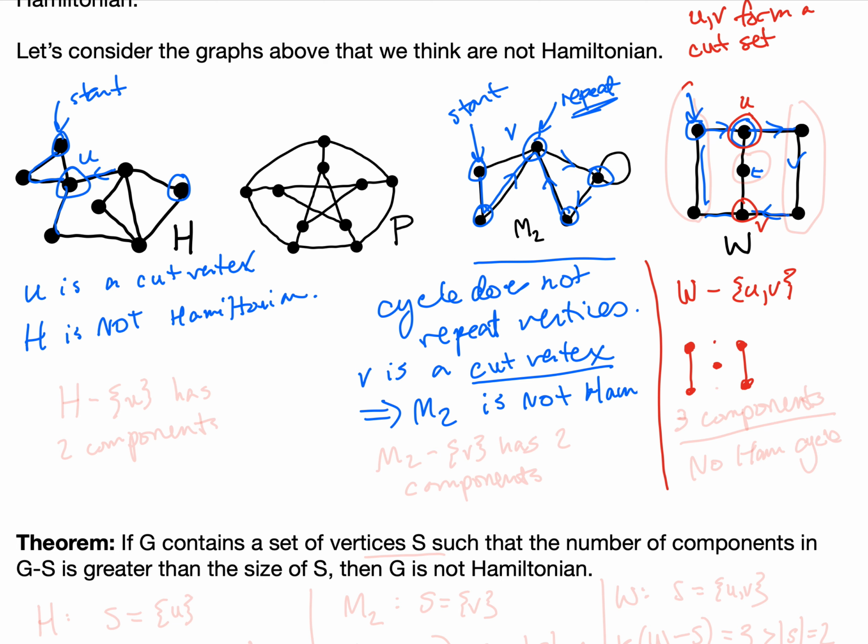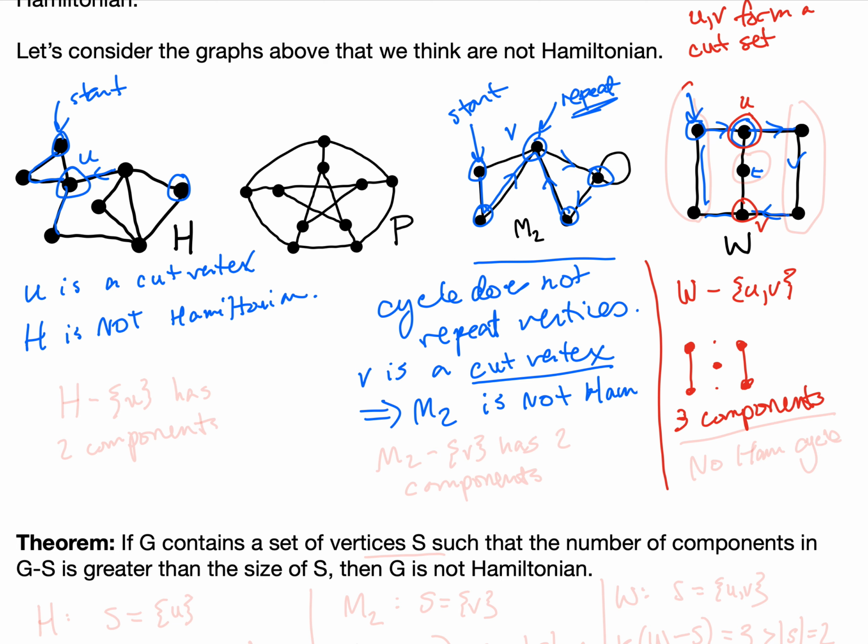So both U and V were removed, and so were all the edges incident with U and V. And so, therefore, what do we have left? We have a graph left with three components. And so we have three components remaining, in other words, three connected pieces in the graph W minus U, V.